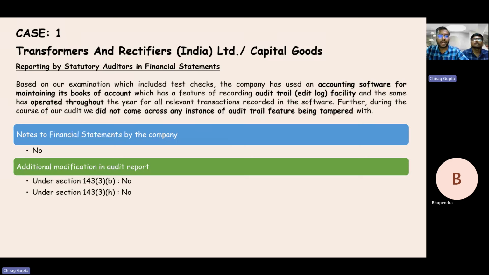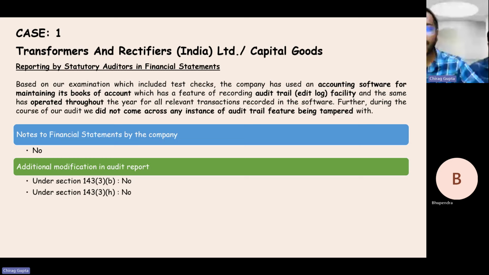This is a feature which can be seen in Tally or SAP, where an auditor like us can get information like who made the entry, and the same has operated throughout the year.